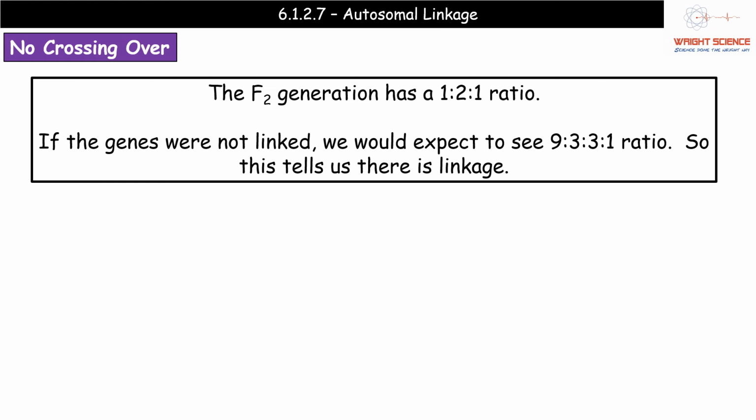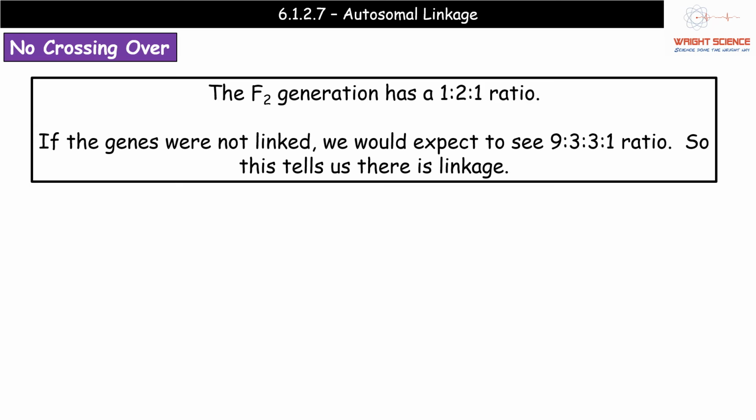What we then can say is that if this F2 generation has a 1 to 2 to 1 ratio, we know this is autosomal linkage, because as we saw earlier on when we did our dihybrid inheritance, if we've got these two genes that are not linked, that are inherited independently of one another, then the ratio we would expect to see is 9 to 3 to 3 to 1.